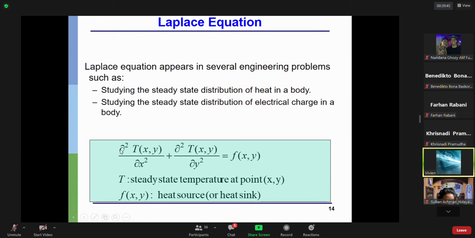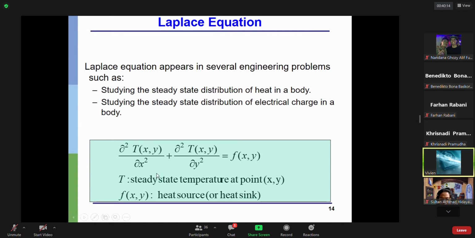So for example, we have steady state distribution of heat in a two-dimensional body. We have the second derivative of T in x plus the second derivative of T in y equals f of x y, which is the source term. Because we talk about temperature, this can be a heat source or a heat sink. If it is a heat source, it will be positive. If it is a heat sink, it will be negative.